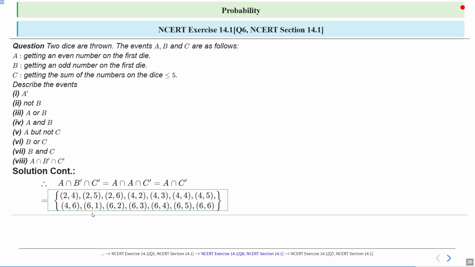And A intersection C complement is this set of ordered pairs 2,4, 2,5, 2,6, 4,2, 4,3, 4,4, 4,5, 4,6, 6,1, 6,2, 6,3, 6,4, 6,5 and 6,6. These ordered pairs are in A intersection C complement. I hope it is clear to all of you.